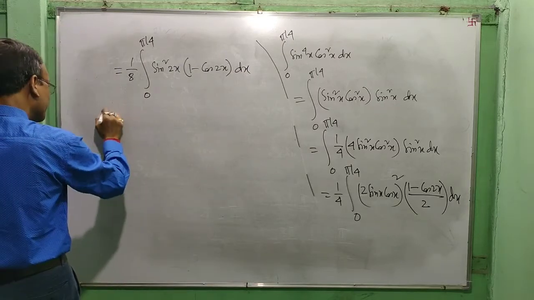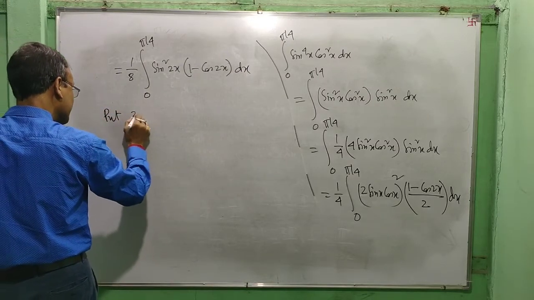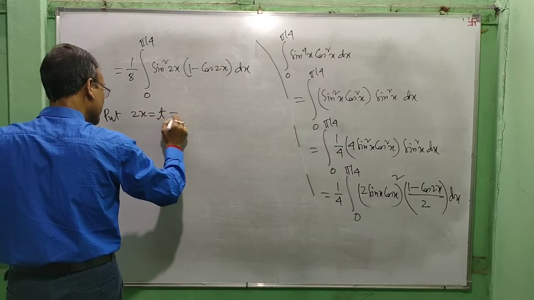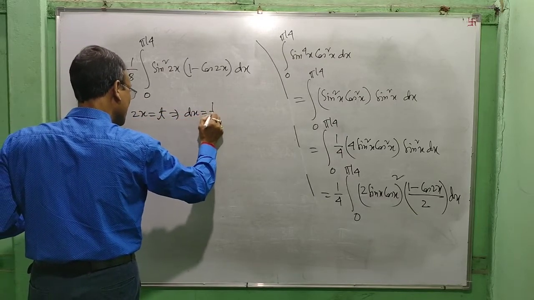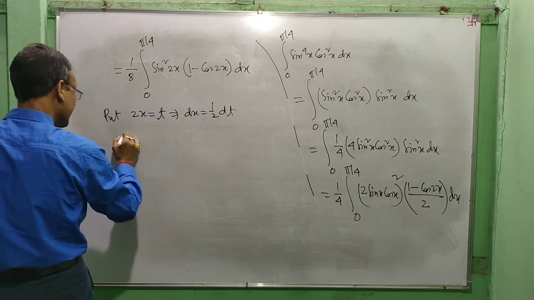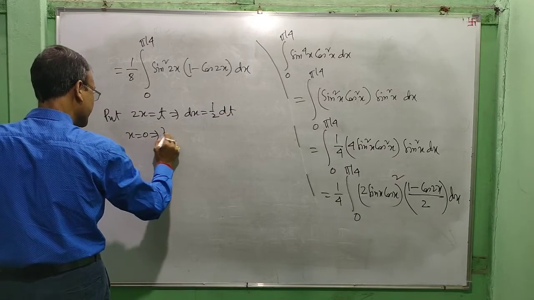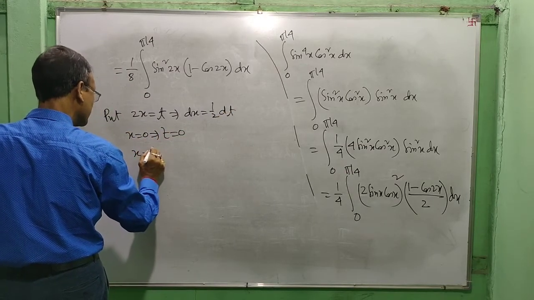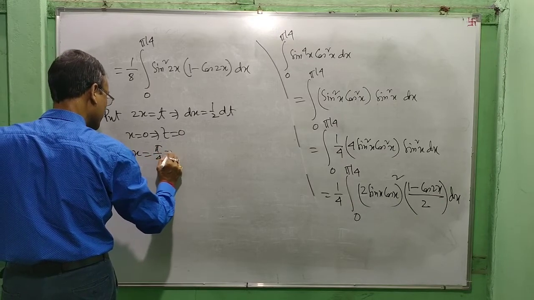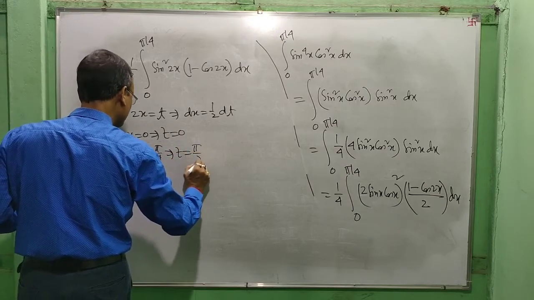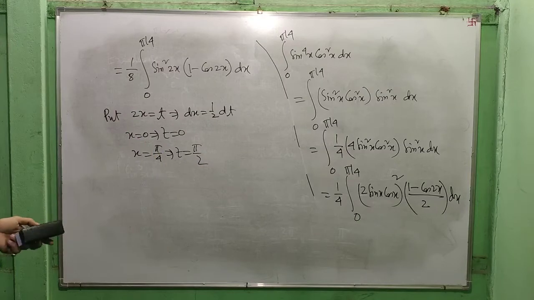Now put twice x equal to t, suppose. This means dx equal to half of dt. x equal to 0 means t equal to 0. x equal to pi by 4 means t equal to pi by 2.